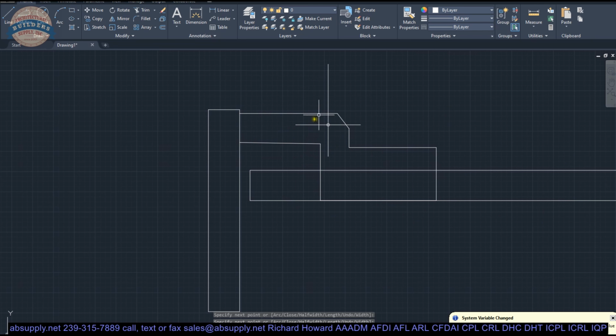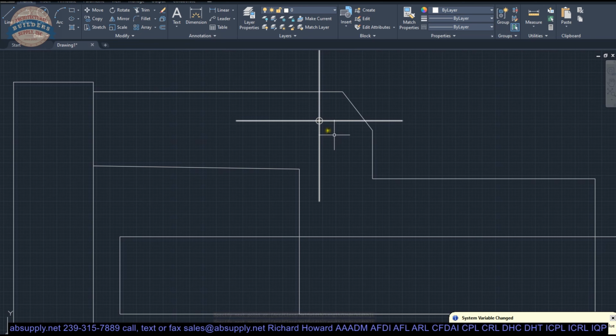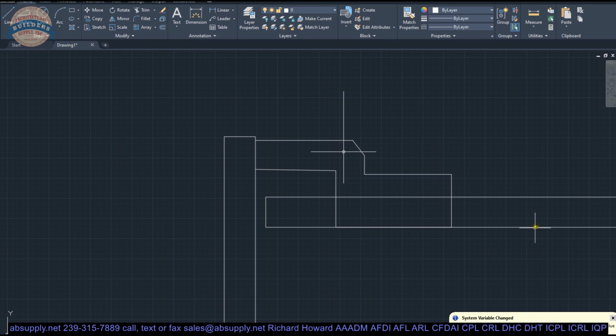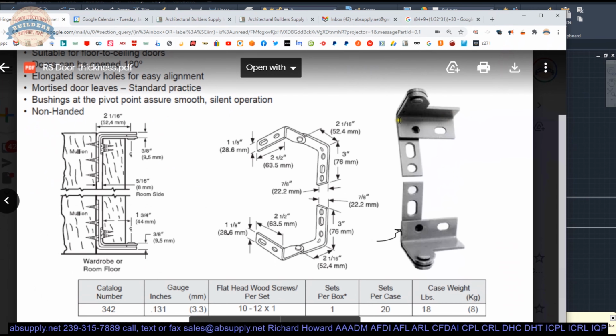So your hardware is going to look like this to a certain extent, and that center point is going to be right here. So it isn't really going to be too much of a big deal, provided that look is okay. You're not going to see much of it at all. You sure won't see the back side of any of this here.